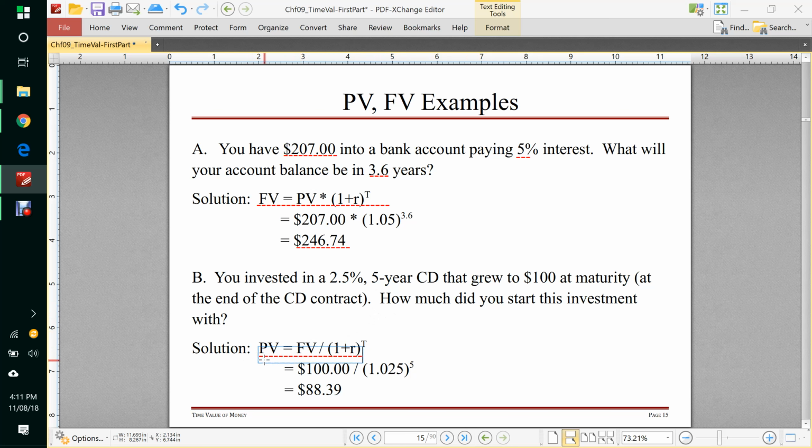We just use the magic of algebra to solve for the present value, the amount we started with, and we plug in what we ended up with, our 100, and now we want to divide by 1 plus 2.5% interest raised to the fifth, the 5-year term, and we come up with 88.39.